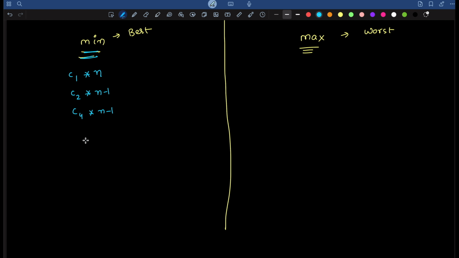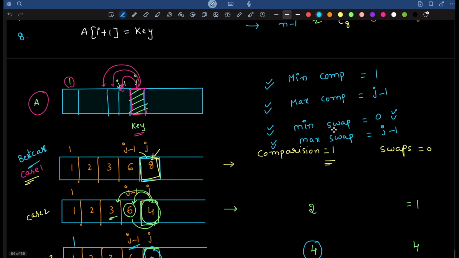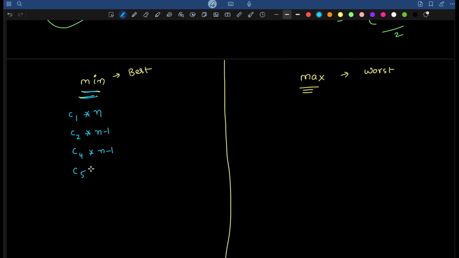For the fifth line, if it is the minimum number of swaps, the time taken to execute this statement will be C5 into n minus 1. And C6 into 0, because the minimum number of swaps required will be 0, and the decrement operation will also take 0. And lastly we have C8 into n minus 1, right?